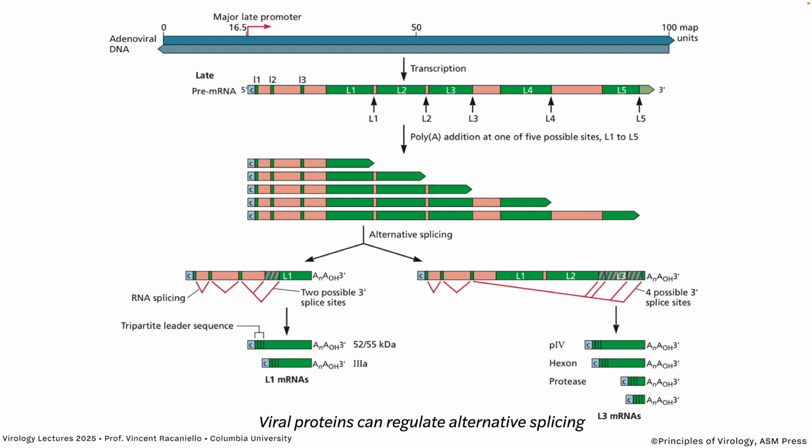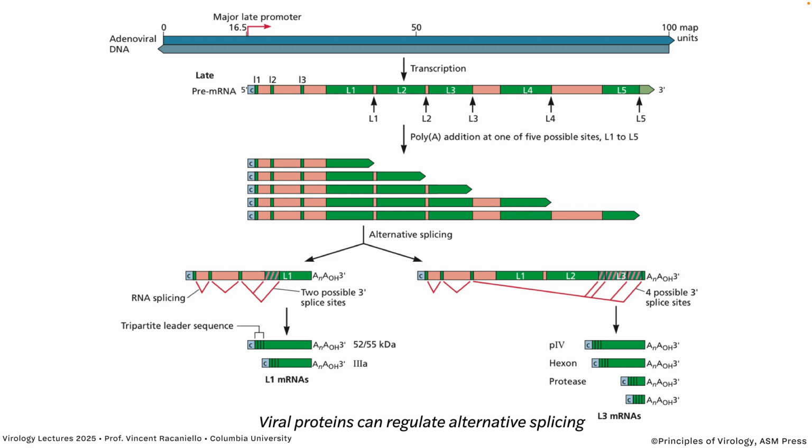And then they can undergo alternative splicing. There are all kinds of machinations that occur here. But basically, you get a lot of different proteins from splicing this precursor. This is the late mRNA, after all, so you get all the structural proteins to build a virus particle.